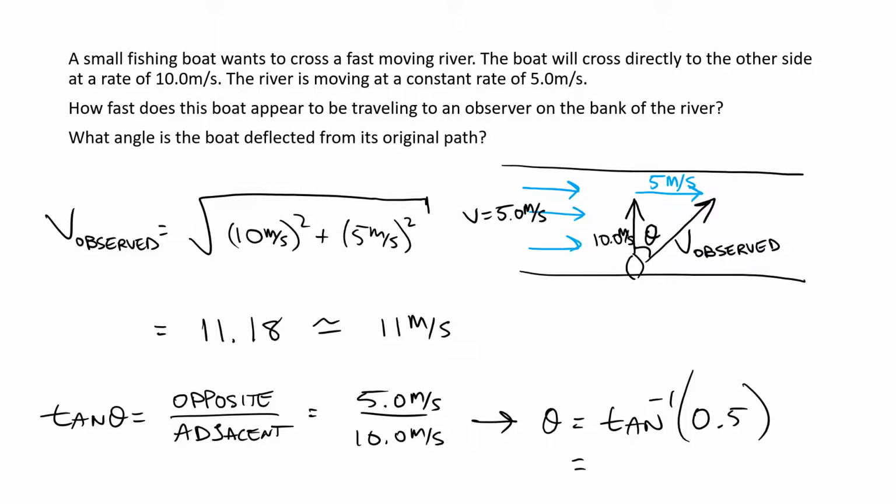Anyone got the angle? 26.5 degrees. That means that the person in the boat has to travel more because they're getting deflected from where they originally wanted to go. So maybe questions on how do you not be deflected? How do you counter that flow from the river? It's pushing you one way. So think about that for some of the homework, I believe.